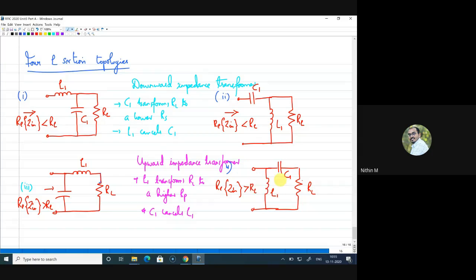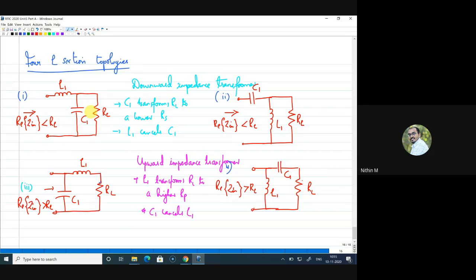It is otherwise vice versa in the case of these circuits. So this is your C1. I hope this will give clarity on the L section topic. So we have analyzed the first one, and the rest of the things we have written by the previous analysis. So this is called L section topology.